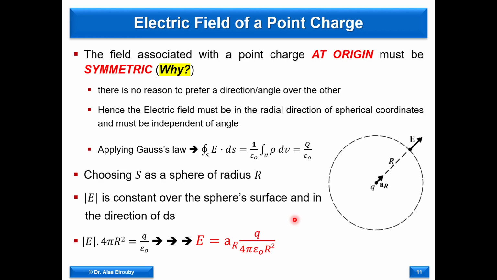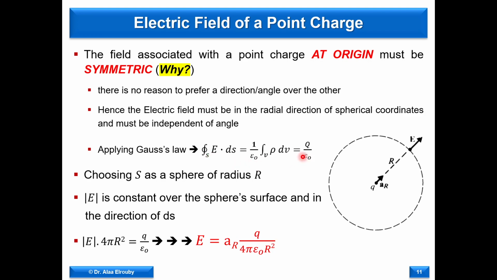One important thing here that we're going to revisit more and more is that if I choose my surface to be a cube, and this charge is at the center of the cube, Gauss's law will be valid. The integral of E dot dS over the six faces of this cube equals Q over epsilon naught.